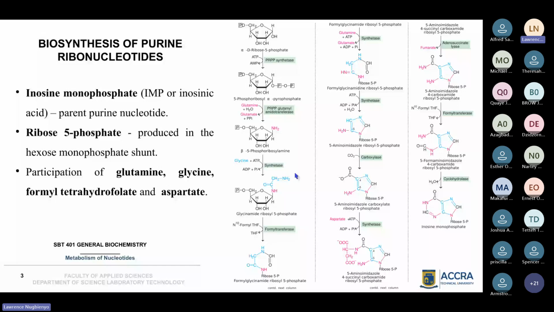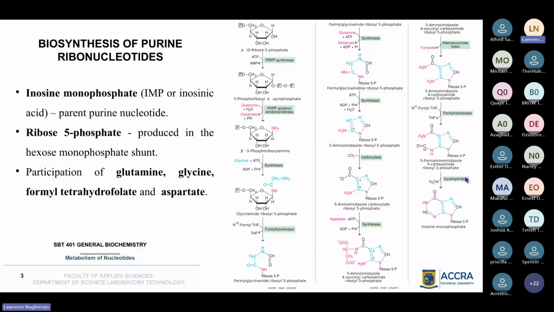You can also have interest in the enzymes that participate in the various reactions, like phosphoribosyl pyrophosphate synthetase, formyltransferase, and cyclohydrolase, which is responsible for the closing of the final ring. You can pay attention to these enzymes as well.